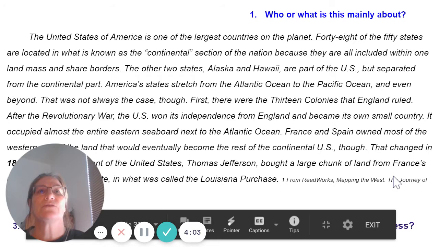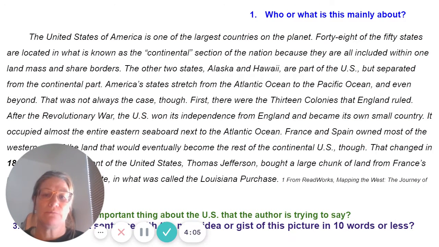So now you can ask yourself, who or what is this mainly about? If you're looking at the map along with this, you could probably rule out the Florida Purchase, because this doesn't really mention the Florida Purchase. What does it mention?